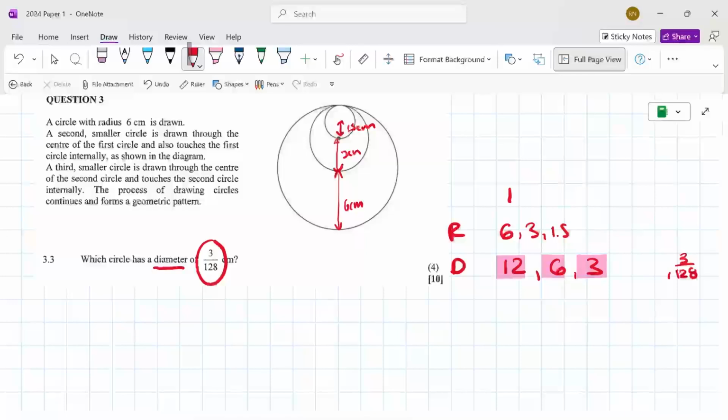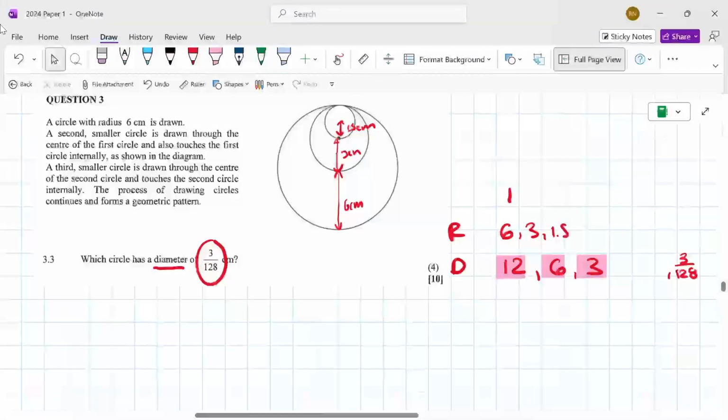You have 40 seconds left. 30 seconds left. Looking for the term that has the diameter of 3/128. We have 10.